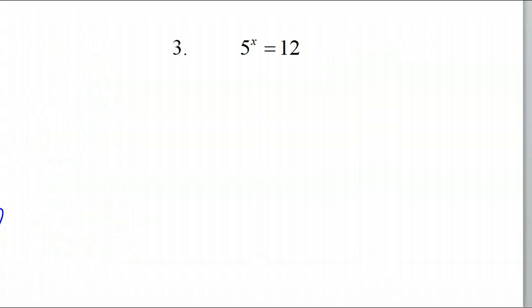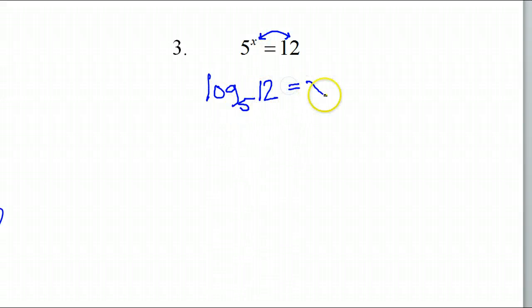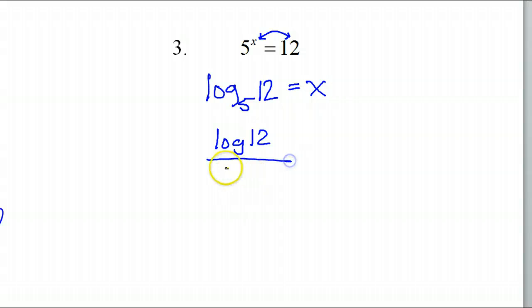Alright, take a look at number 3. The exponential part is already by itself, so I can just go ahead and write this in log form. Start with the base. So this will be log base 5. And the x and the 12 will change sides. So log base 5 of 12 is equal to x. Now this we will need our change of base formula, so this will be log 12 over log 5.